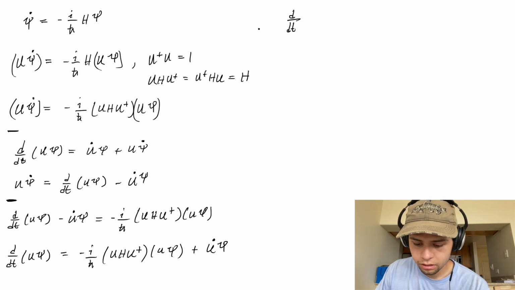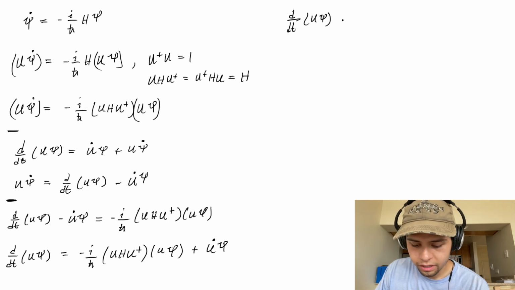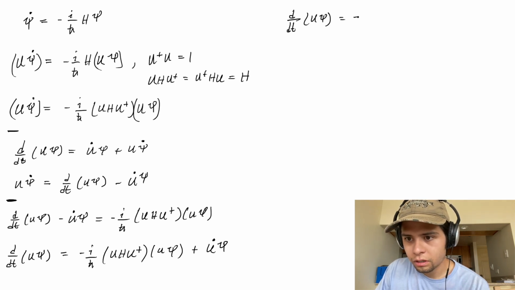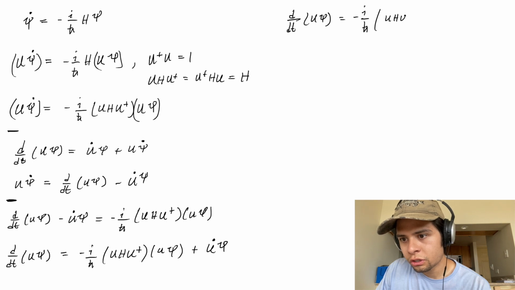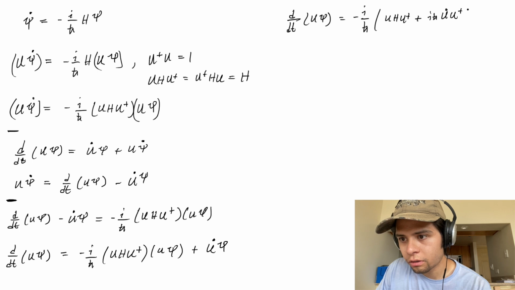I had to put an equal sign in there on accident. We have now negative i over h bar times U H U dagger plus i h bar U dot U dagger times U psi.